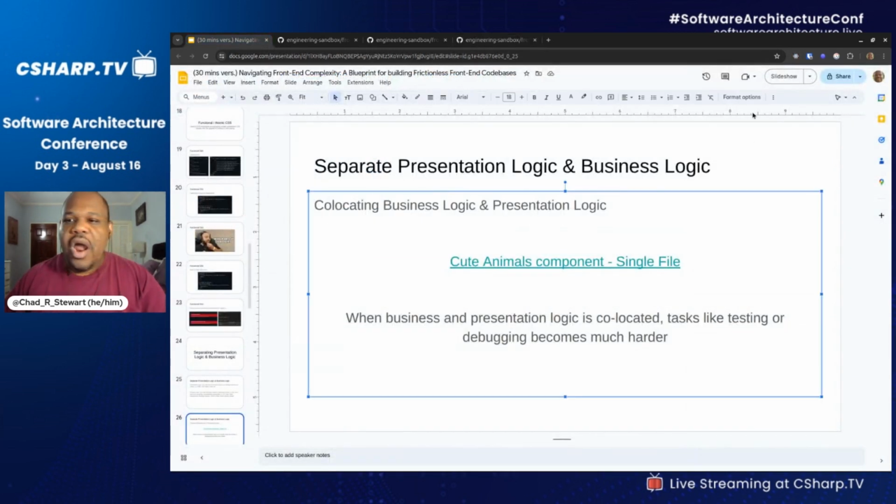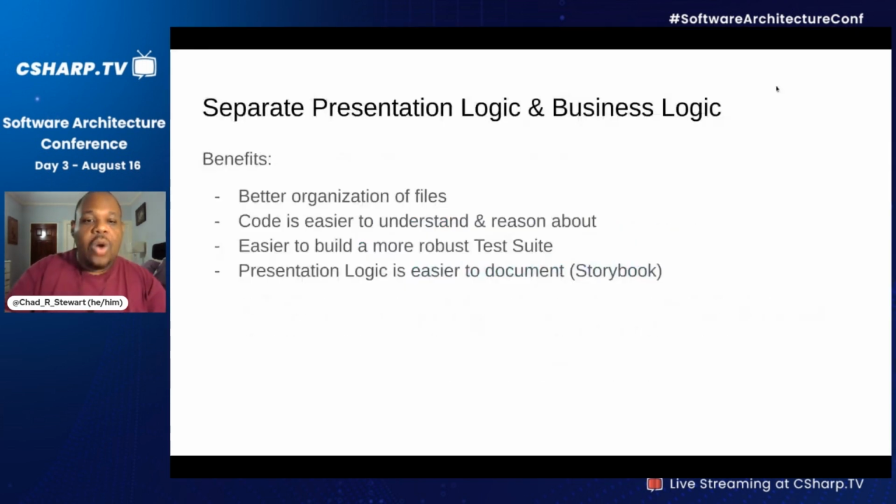So what are some of the benefits outside of that particular story that you get? I mentioned better organization of files, because the actual fetch call is being declared elsewhere, right? The code is easier to understand and reason about. The presentation logic is primarily just putting data on screen, and then business logic fulfills a business function.